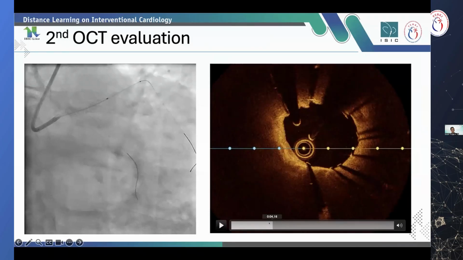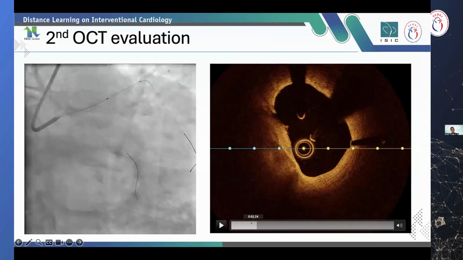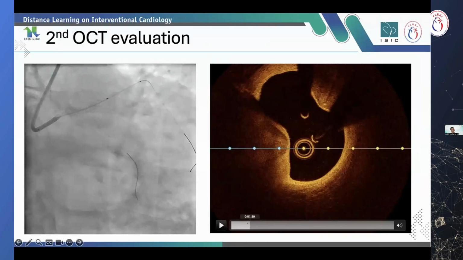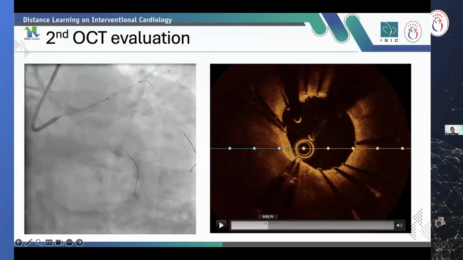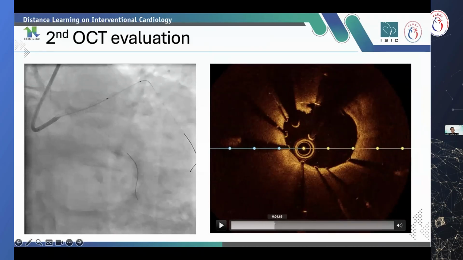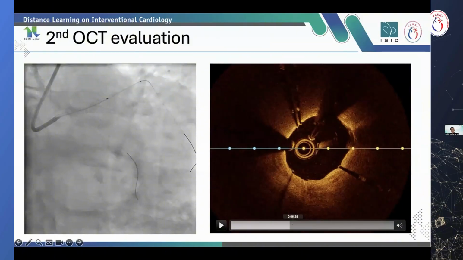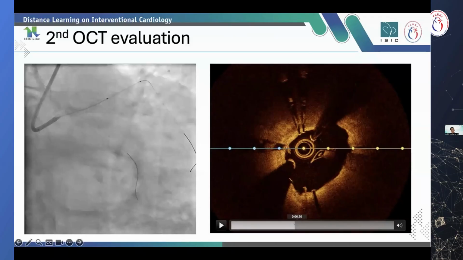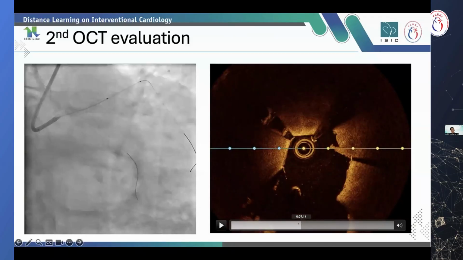And even with the 2D OCT, we can see the place of the wire position.